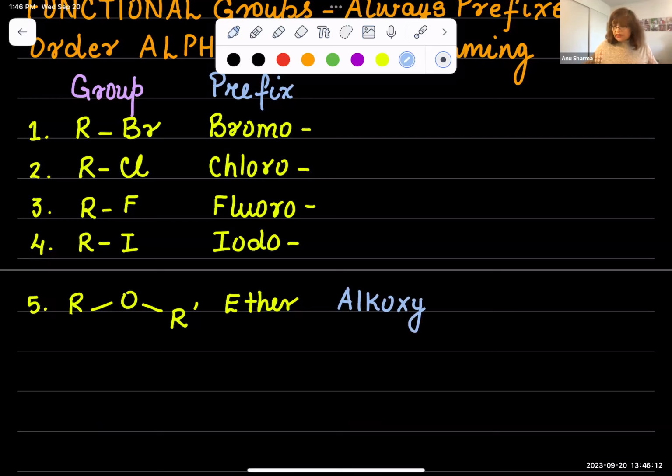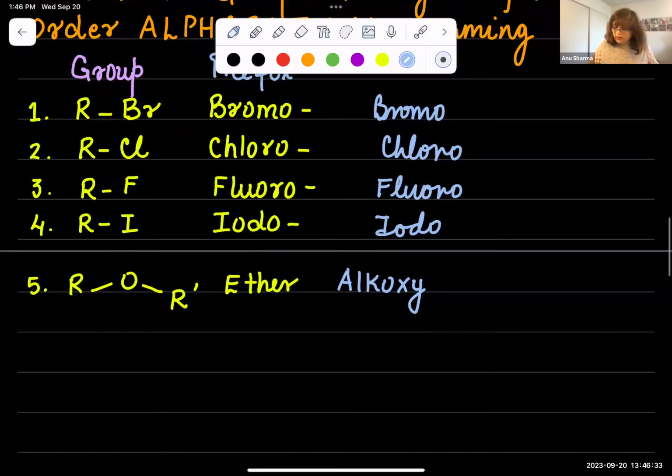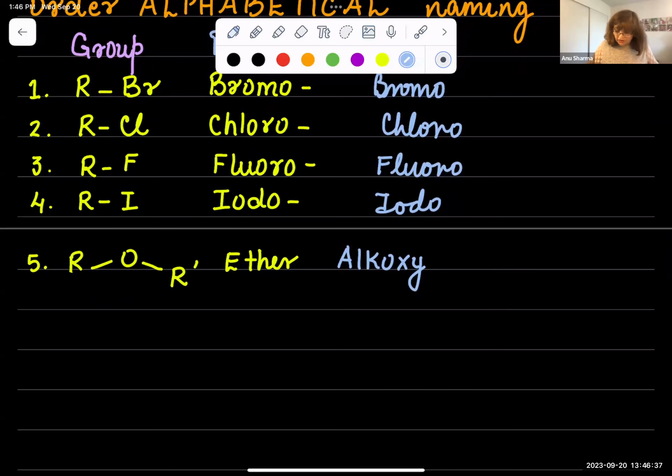So methoxy, right? The prefix is that. Here the prefixes are also bromo, chloro, fluoro, and iodo. Then alkoxy, like methoxy, dimethyl ether, or diethyl ether. So alkoxy alkanes are coming from there.